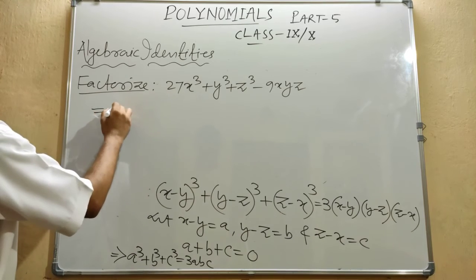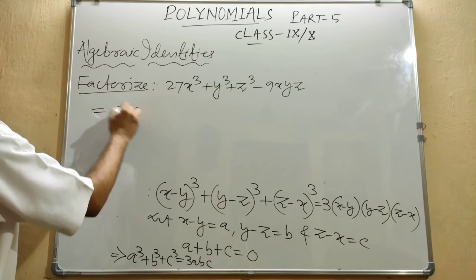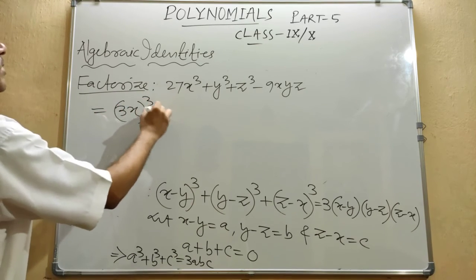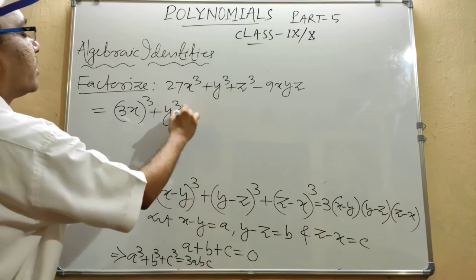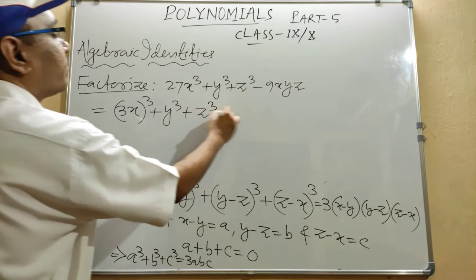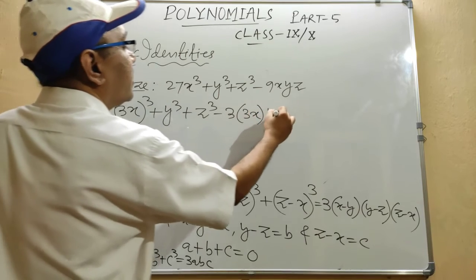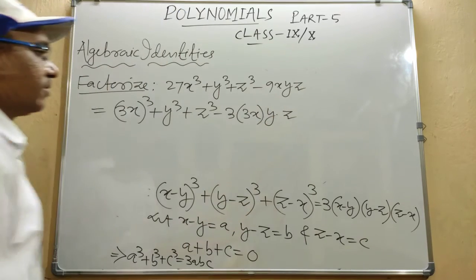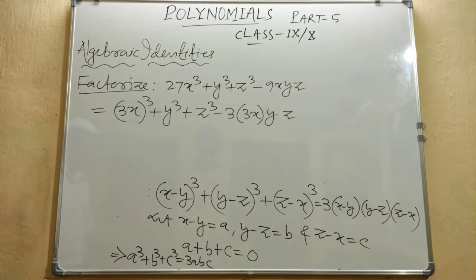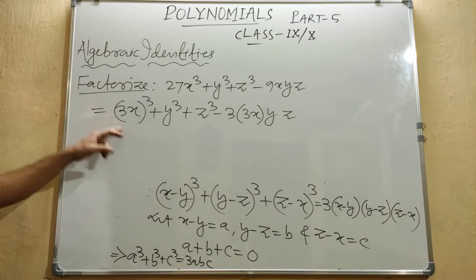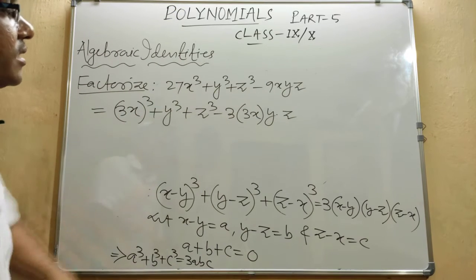दिस कैन बी रिटन एज 3x होल क्यूब. इट इज ऑफ द टाइप a cube. इट इज b cube. इट इज ऑफ द टाइप c cube. इट मस्ट बी 3abc. a b c. देखिए आ गया 9xyz. So it is of the type a cube plus b cube plus c cube minus 3abc.